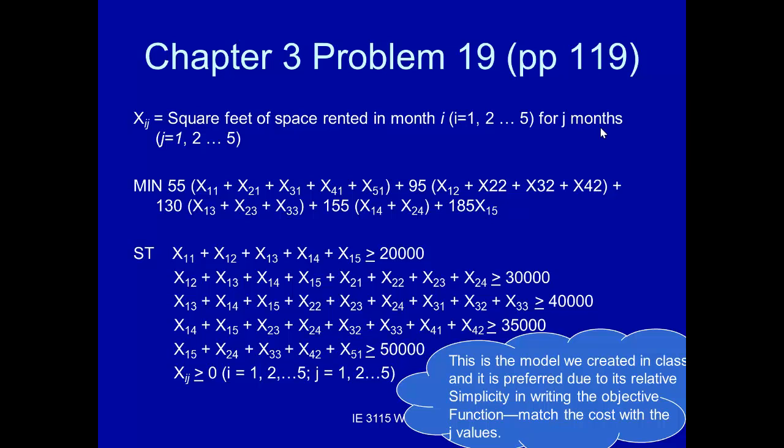So we can still do Xij, but instead of saying square feet rented in month I for J months, where J represents the length of the lease, we can say square feet rented in month I through month J. If we do that, what does X23 mean? It means the square feet we rent in the second month that goes to the third month.